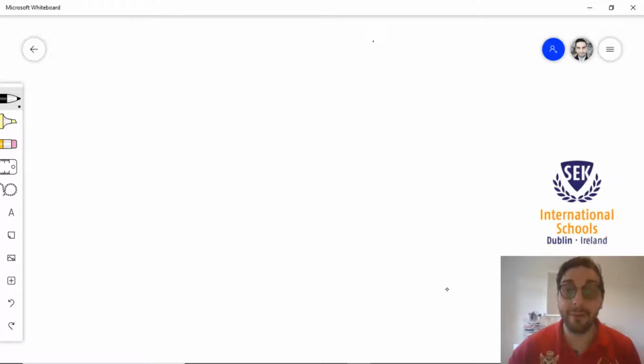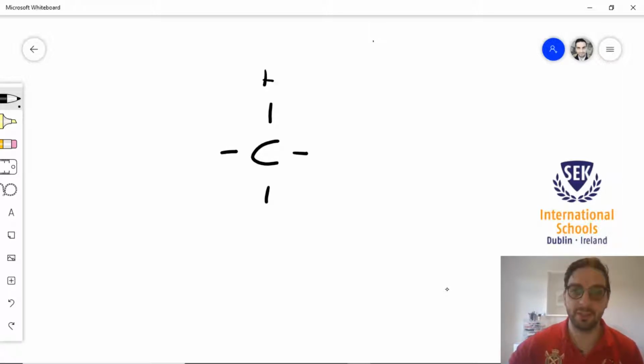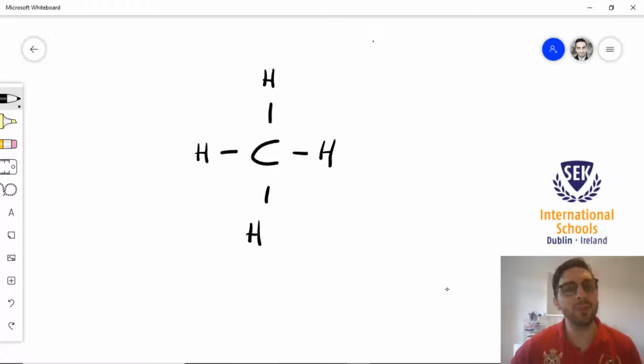Let's say for every carbon we can single bond four hydrogens. As you can see, we have one carbon and four hydrogens. What did I mean when I said single bond? A single bond is just a single bond structure.